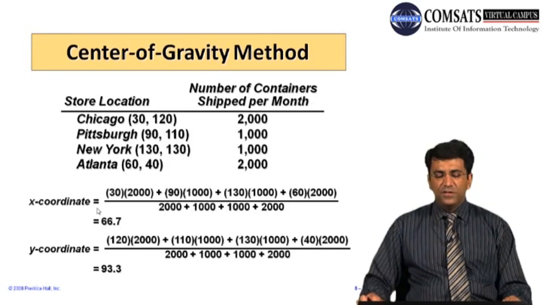Now how can we calculate this x coordinate? This will be equal to 30, which is the x coordinate of Chicago, multiplied by the quantity, that is 2000, plus x coordinate of Pittsburgh, 90, multiplied by 1000, that is the quantity supplied to Pittsburgh, plus 130, that is the x coordinate of New York, multiplied by 1000, that is the units again supplied to New York, plus 60, that is the x coordinate of Atlanta, multiplied by 2000 units which are to be supplied to Atlanta, divided by the sum of all of these quantities, that is 2000 plus 1000 plus 1000 plus 2000.